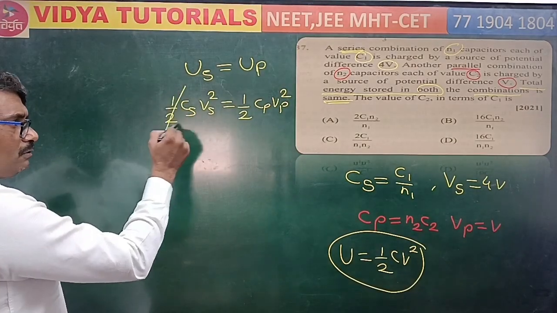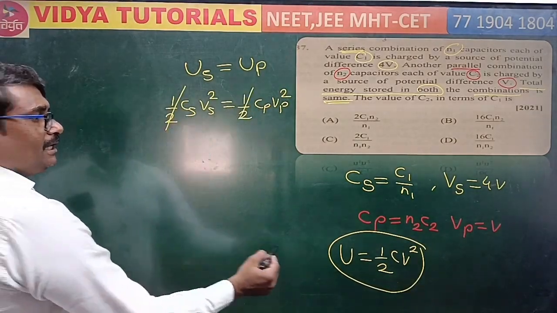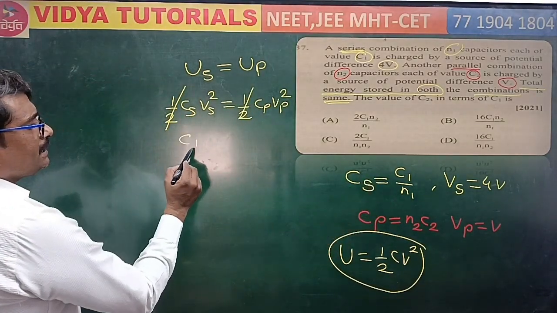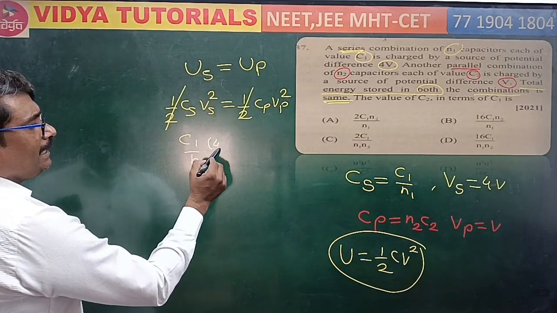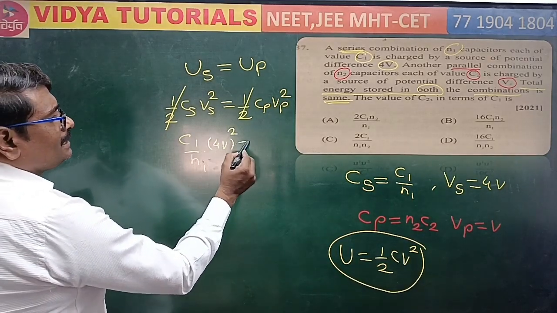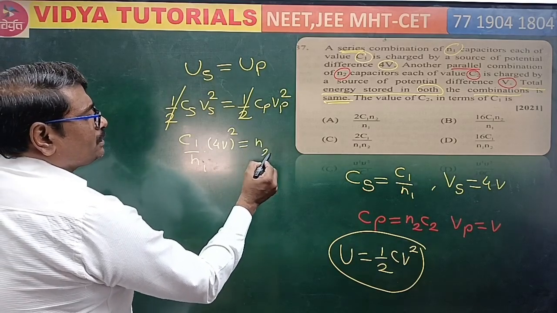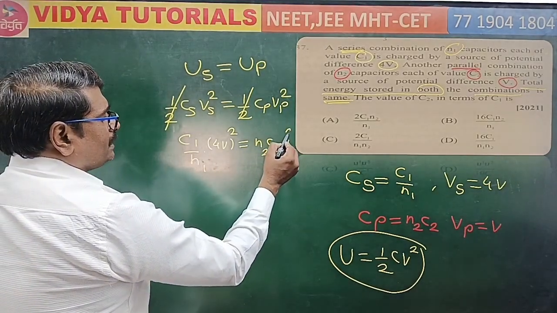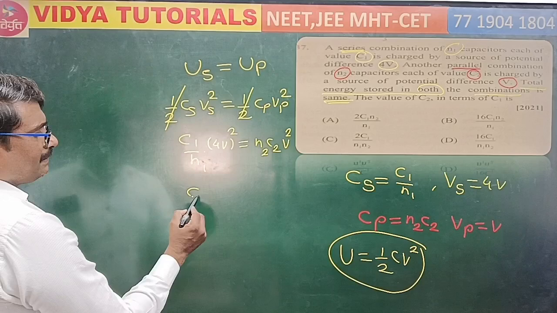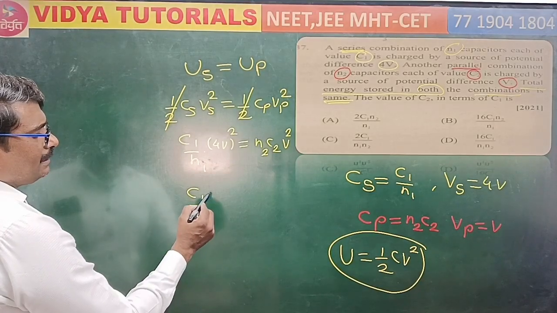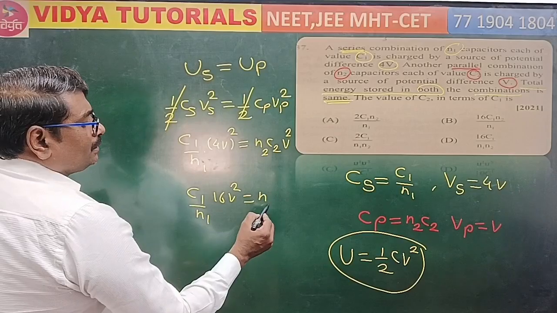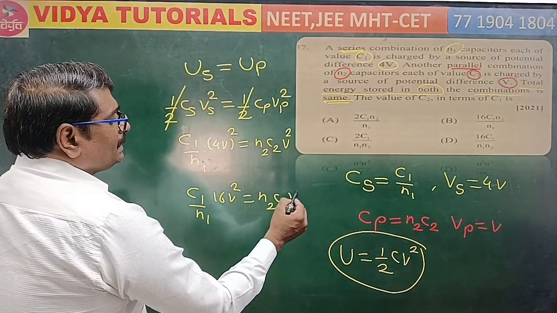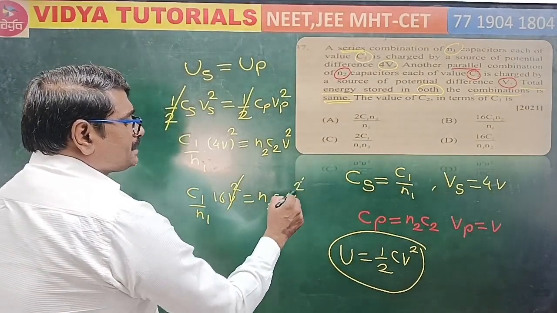Of course, the half cancels. Cs has the value C1 upon N1, Vs is 4V in bracket square, Cp is N2 C2 and Vp is V square. After simplification, C1 upon N1 times 16 V square equals N2 C2 V square. Again on both sides V square cancels.